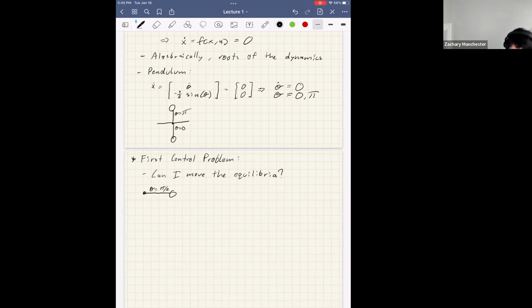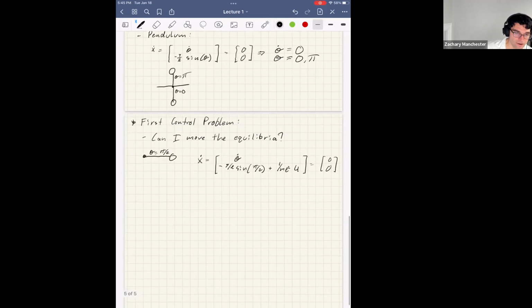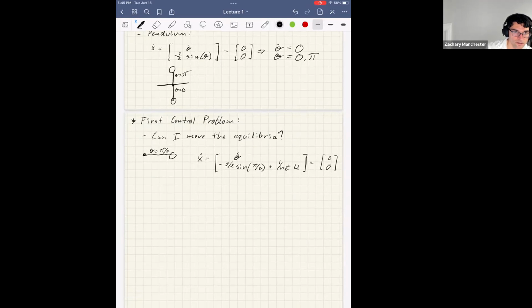So now I'm going to write the dynamics with the torque input, and we'll take a look. Here we've got theta dot, which we want to be 0, and we've got minus g over L sine, and we'll put pi over 2 in here. And then we've got the input torque. We need this whole thing to be 0, right? Velocity is easy, but I need to solve that second equation for 0.